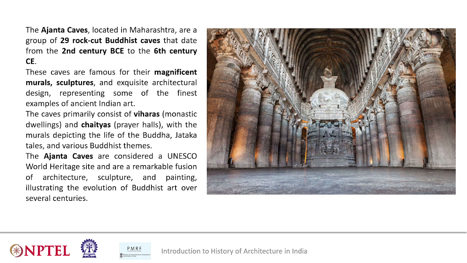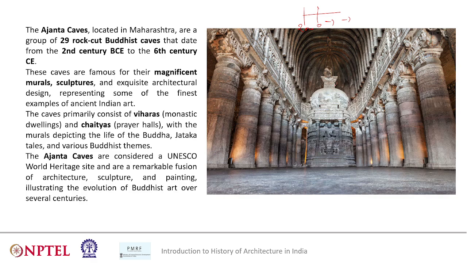It started from before the common era, and it continued for a long period of time. If you remember the zero mark, it started somewhere around 200 BCE and then continued till the 6th century CE. Also, if you see the caves of Ajanta, you'll understand that they primarily consisted of viharas, the places where the monks stayed, and they also had chaityas.